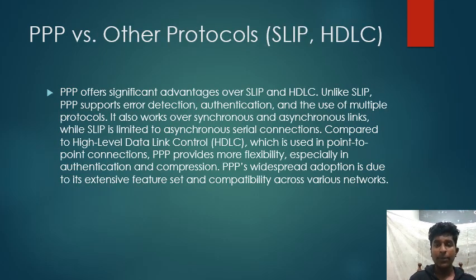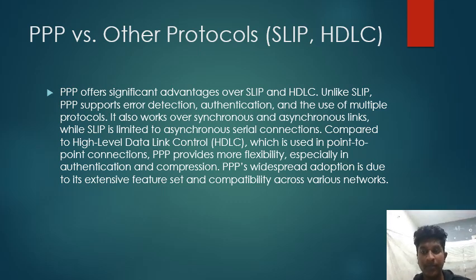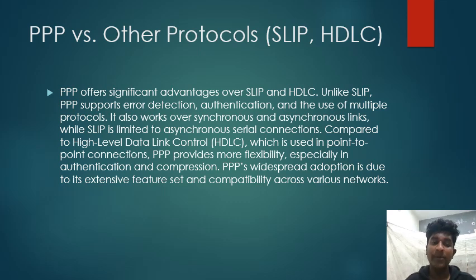PPP over other protocols, SLIP, HDLC. PPP offers significant advantages over SLIP and HDLC. Unlike SLIP, PPP supports error detection, authentication, and multiple protocols. It also works over synchronous and asynchronous links, while SLIP is limited to asynchronous serial connections.